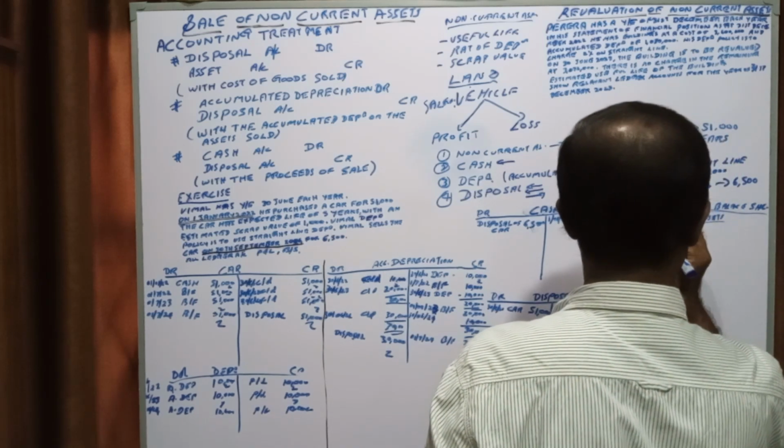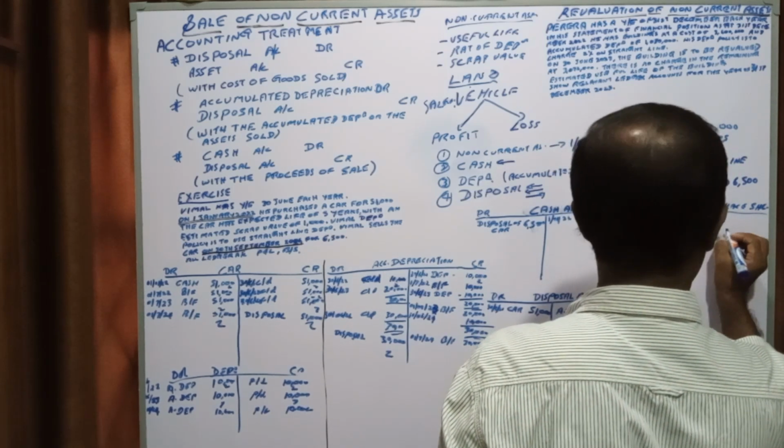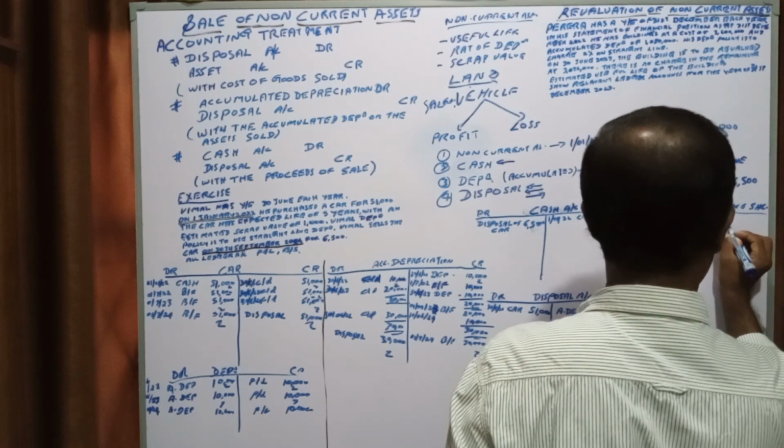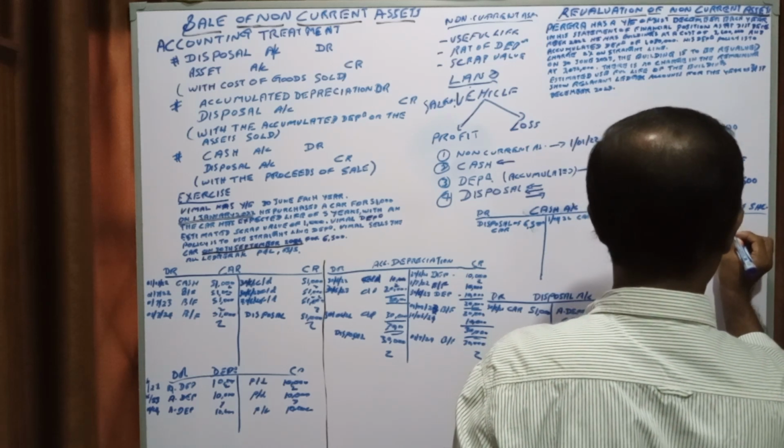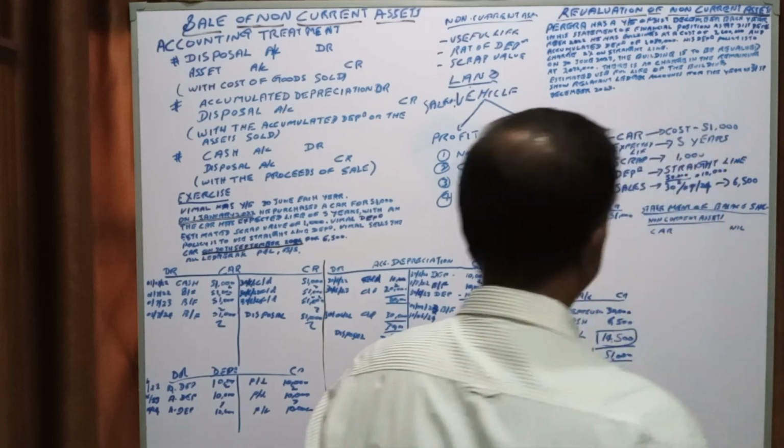Say car balance will be shown as nil because we have sold it. Nil balance.